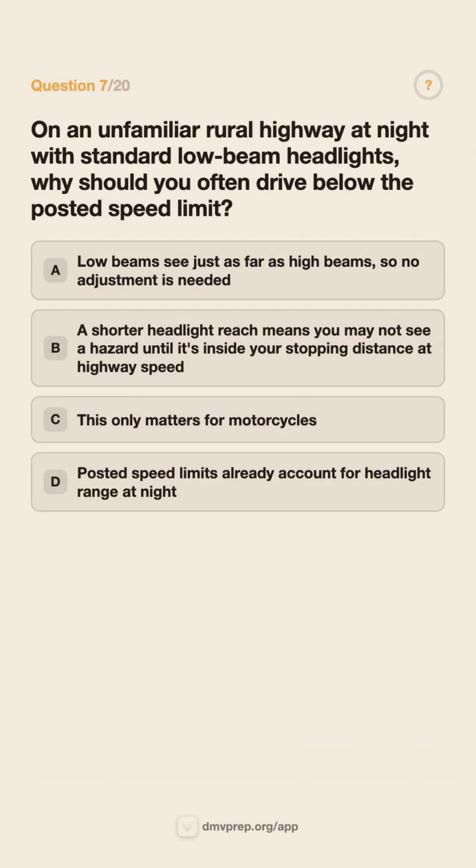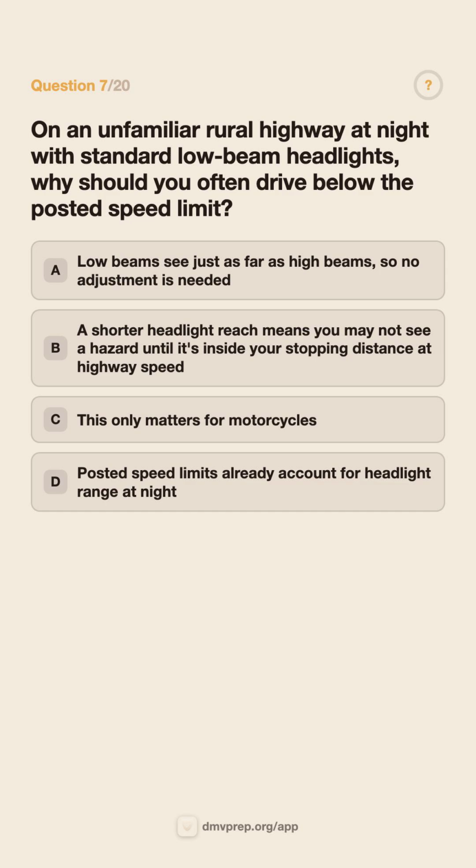Question 7. On an unfamiliar rural highway at night with standard low-beam headlights, why should you often drive below the posted speed limit? A. Low beams see just as far as high beams, so no adjustment is needed. B. A shorter headlight reach means you may not see a hazard until it's inside your stopping distance at highway speed. C. This only matters for motorcycles.